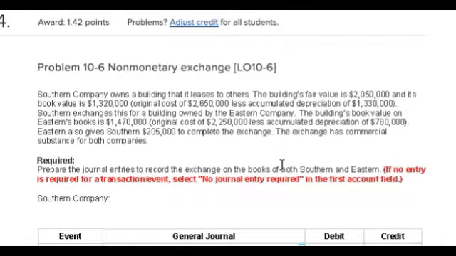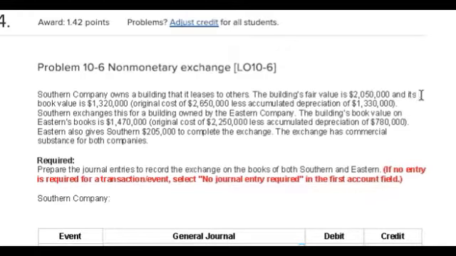Now, let's take a look. What is the fair value this company received? The cost of the newly acquired equipment, or in this case, the building, is the fair value you are giving up plus any cash paid or minus the cash received.